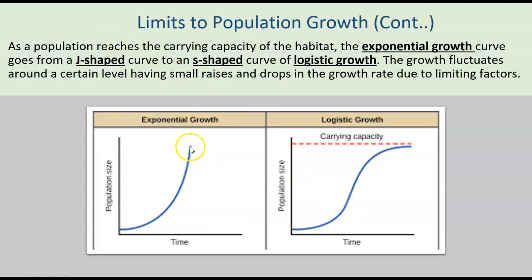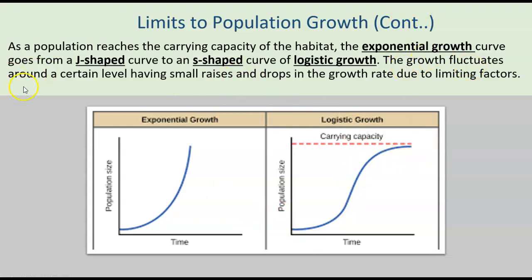Eventually, this curve is going to level out, and it's going to turn into an S-shaped curve, because populations can't grow indefinitely unless they have an infinite supply of resources, which, since we all live on the same planet, there's eventually going to be a limit on. The S curve is what we call the logistic growth curve.